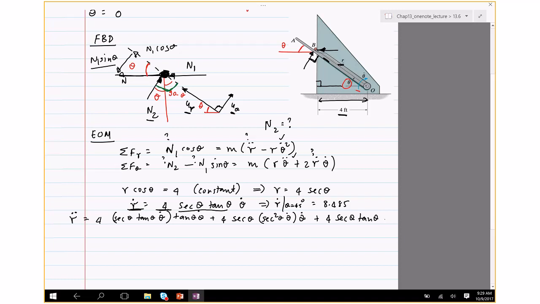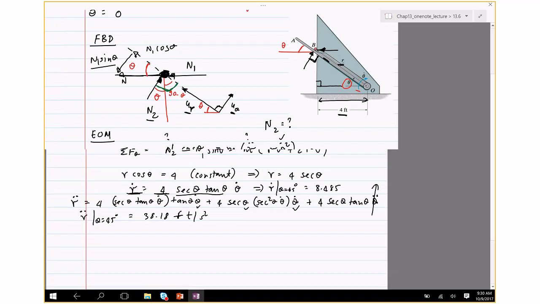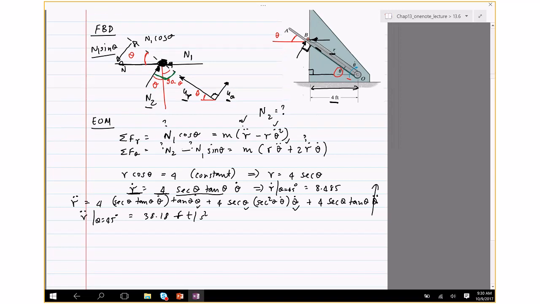So again, this is 0. This is given. Theta is given, so I can actually find what happens at theta is 45 degrees. It's basically 38.18 feet per second squared. Okay, so I know r double dot, I know r dot now from here.